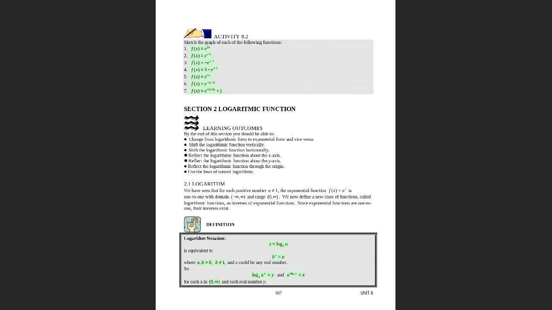Our original function is like this. So our original function is going to be an increasing function. Then it's going to go like this.